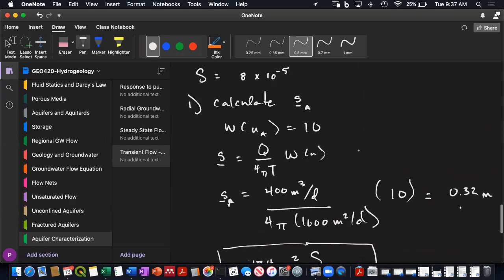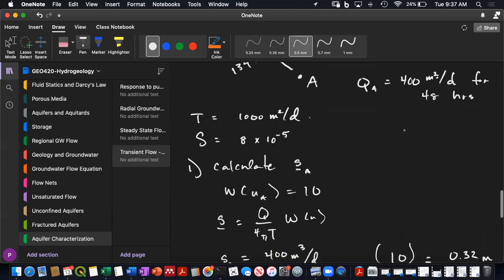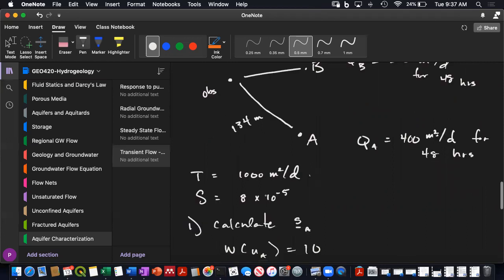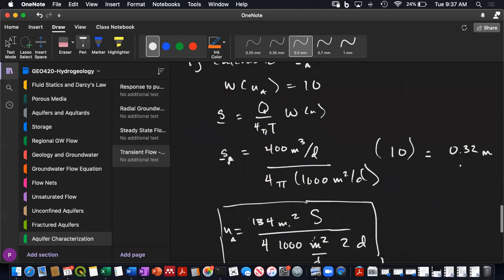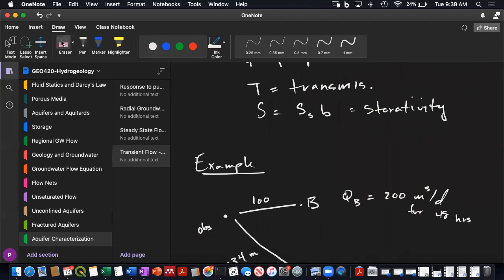What is the drawdown for a well at B? It was 200 meters cubed per day. All other values, the aquifer values are the same. And I'll just highlight that U, and this one is at 100. Actually, let's just keep it the same. It's at the same distance.